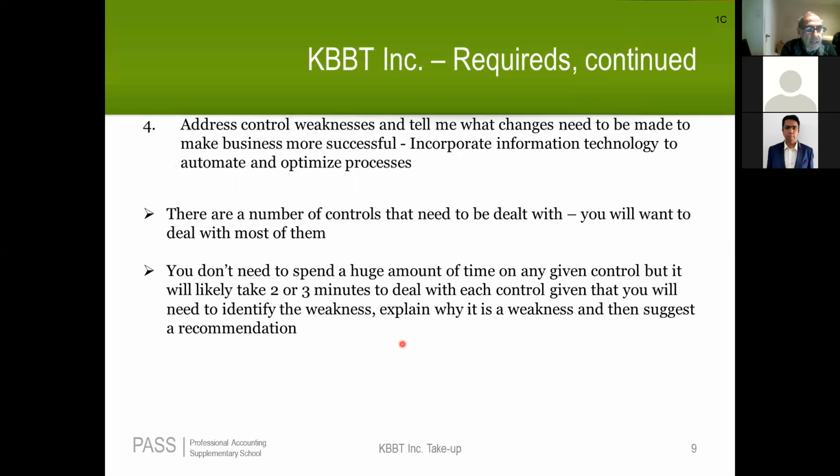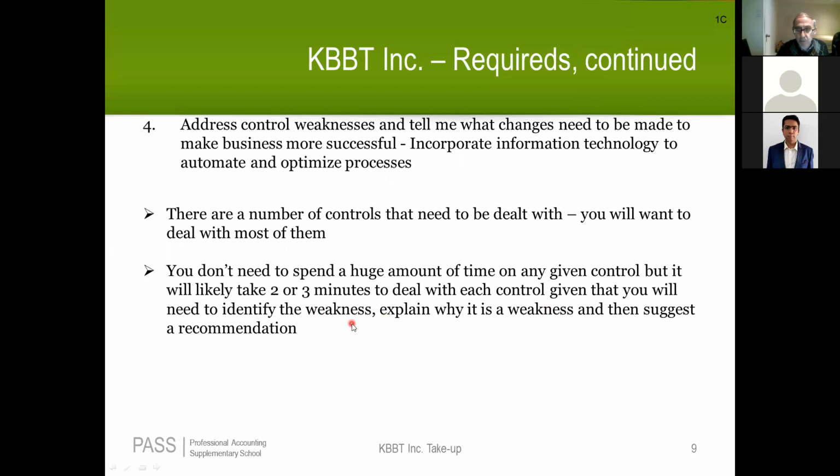For the control weaknesses, there are a number of controls that need to be dealt with. I would certainly want to deal with most of them. You don't need to spend a huge amount of time on any given control, but it'll still take you a good 2 to 3 minutes to deal with each control. Because keep in mind that in order to get competent, whenever you're critiquing controls, it is always absolutely essential to identify the weakness, explain why it's a weakness, and then suggest a recommendation.